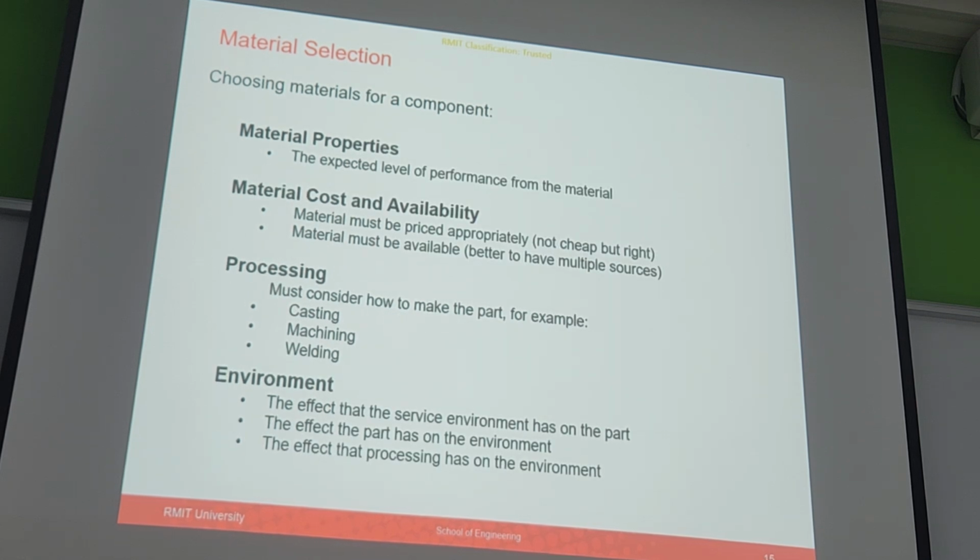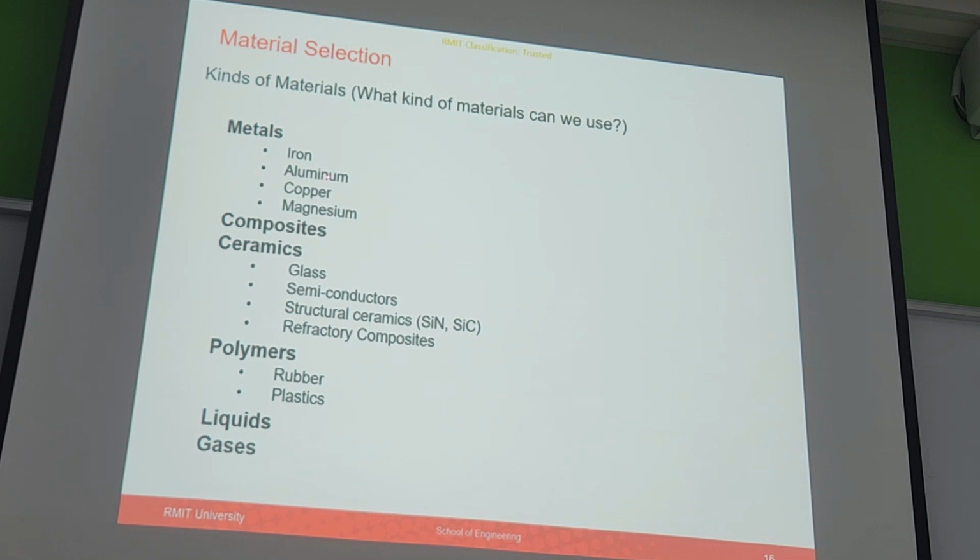Another thing for the material selection is, okay, which material we can use. The material may be metal, such as iron, aluminum, or copper. The material may be composite. The material may be ceramic or polymer, liquids, gases, and you have to find which material is good for your design.